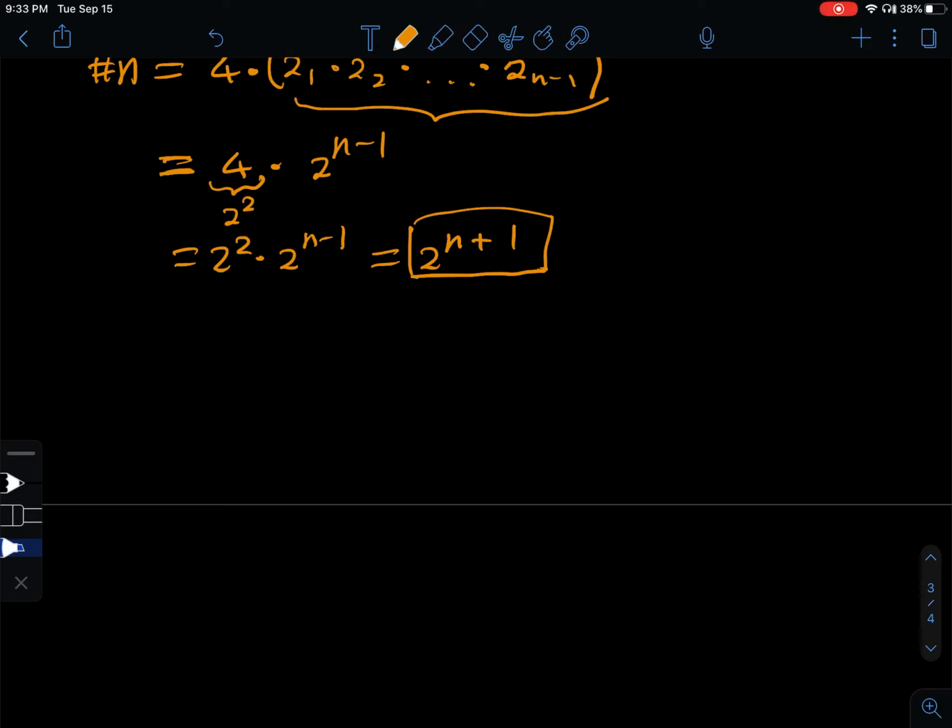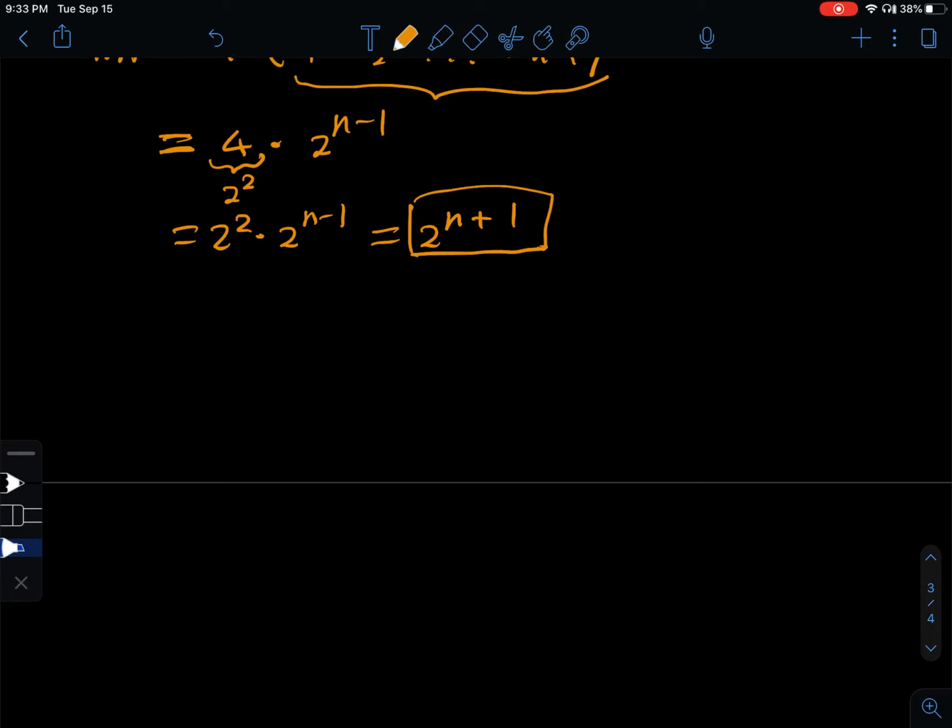We've just found the formula for the nth term of the sequence, which means if you wanted to find the 20th term, you just have to plug in 20 for n and solve, and you'll get 2 to the power 21. And just saying, 2 to the power 21 is a pretty big number. It's not small. So we just went 20 terms ahead, yet we got a huge, huge number.